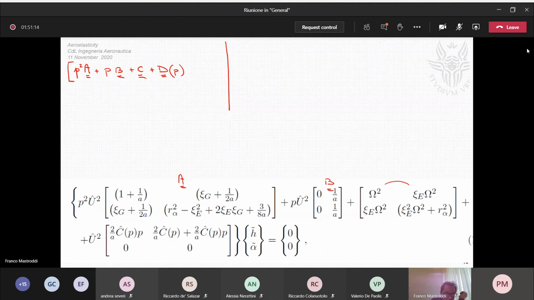This is your system in Laplace domain, in nondimensional Laplace domain, applied to a complex vector, something strange, W equal to 0.